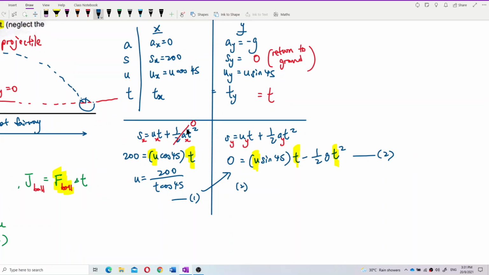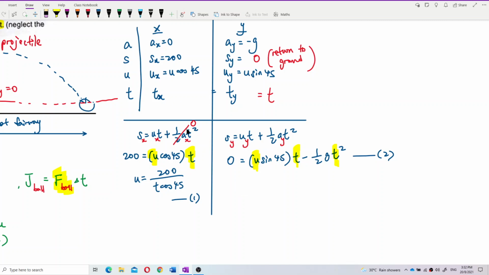For equation 2, maybe I should rearrange first. Rearrange equation 2. It becomes half g. Let's calculate the half g. So 9.81 divided by 2, you get 4.905.